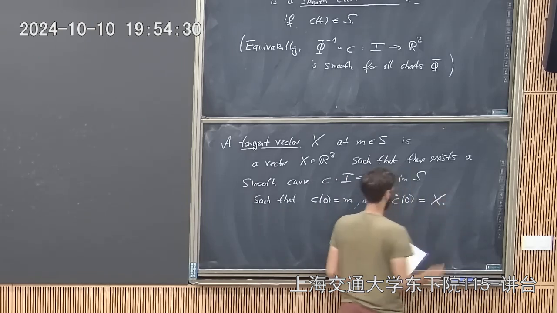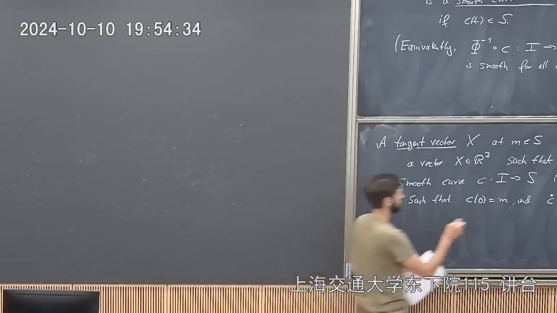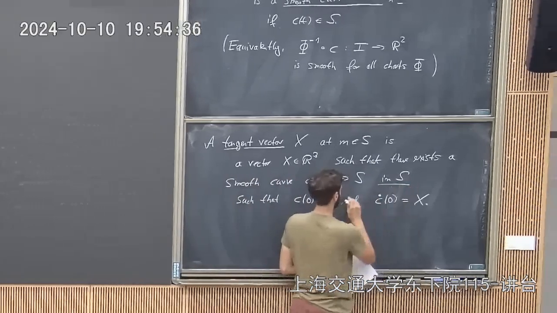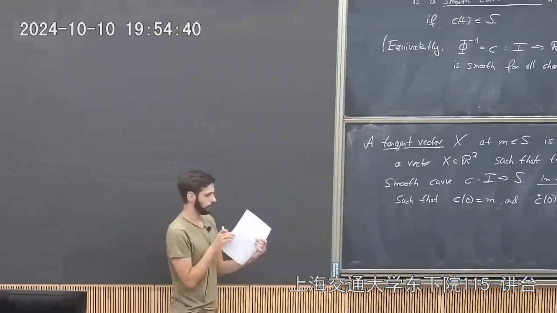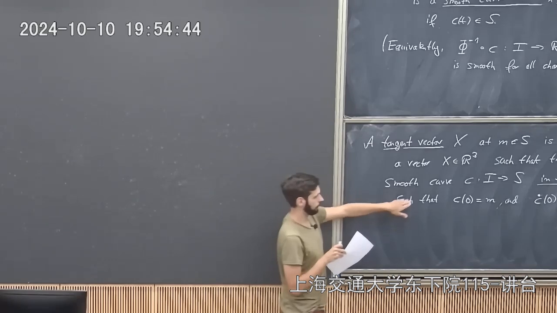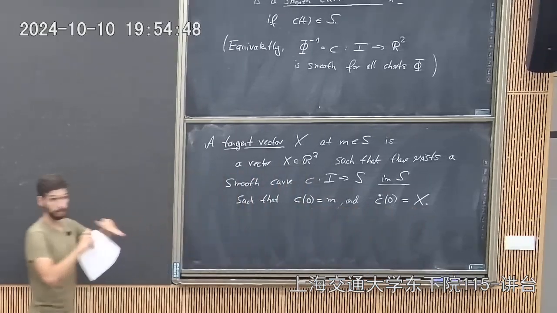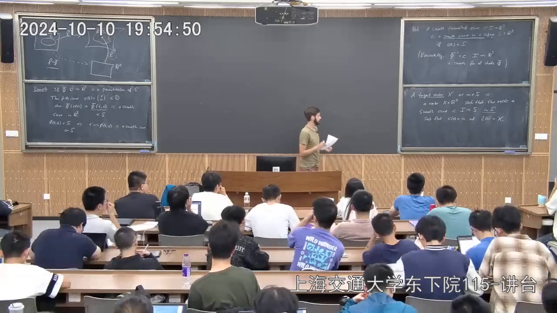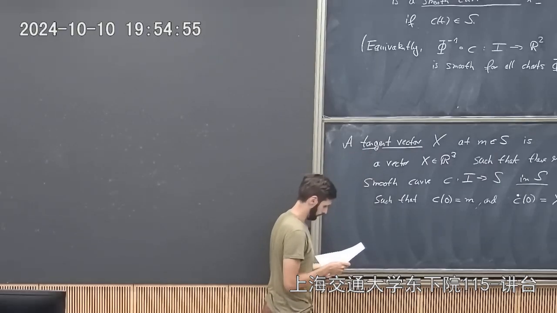It's important that it's a smooth curve lying inside of S, which requires that you can't get out of the surface with the curve. That ensures that you can really think of the tangent vector as something tangent to the surface. So that's why it's called tangent to the surface.